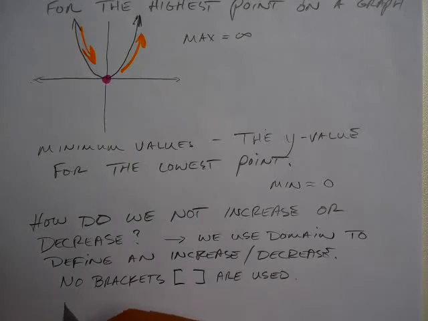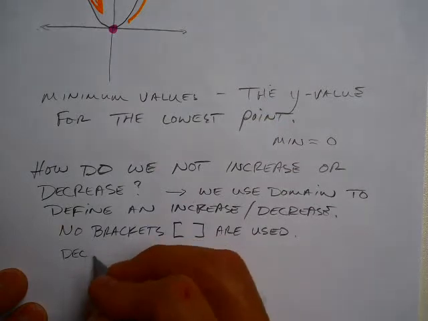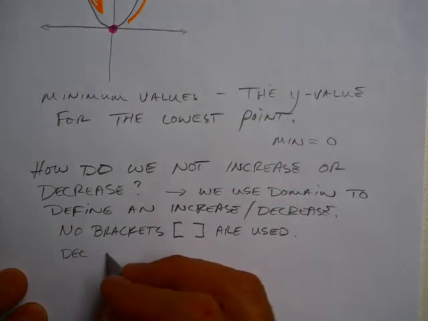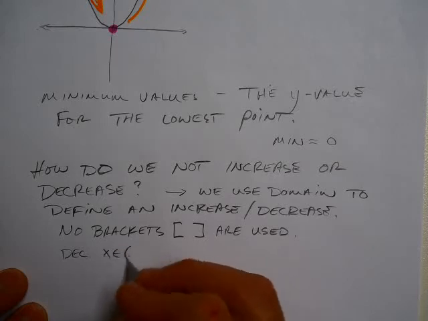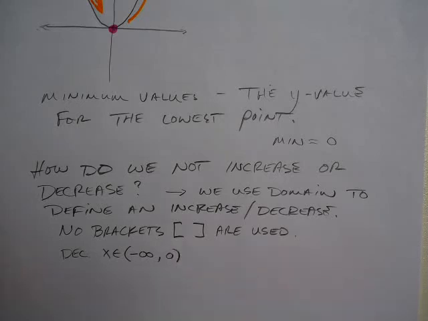So this is decrease. We'll just use dec. Decrease for x is an element of negative infinity to 0. At 0 it changes, right? And it increases.